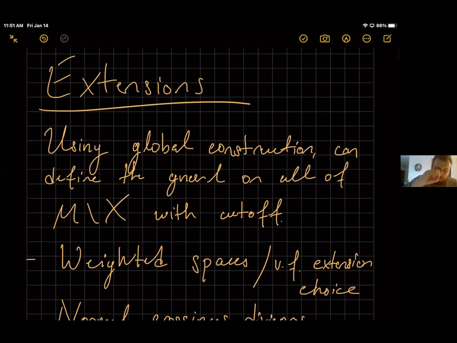But proving this result, like the openness statement that I had for the global picture, not just a local one, is more complicated because you're going to need to actually work with the weighted spaces in that situation, and you will kind of need to include an extension of the vector field from the hypersurface to the ambient space, at least locally.